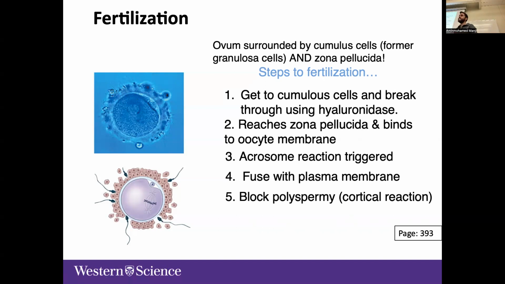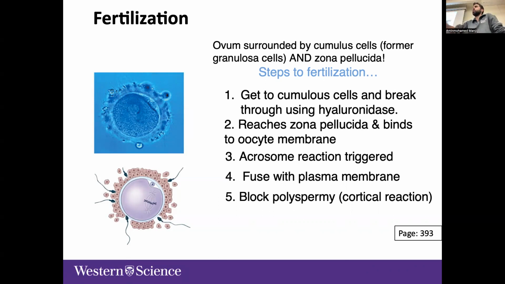It contains all of these enzymes that can literally break apart the zona pellucida and allow the sperm to enter into the egg. And then at that point, the plasma membrane of the sperm and the plasma membrane of the egg can fuse together, and now you can have the genetic material coming together. And you also have this cortical reaction to prevent other sperm from fertilizing that egg once one sperm has done it. So that's the cortical reaction to block multiple sperm from fertilizing that egg further, right?